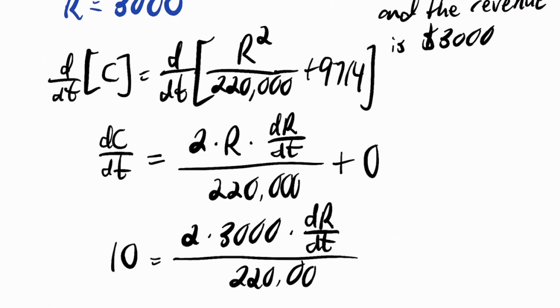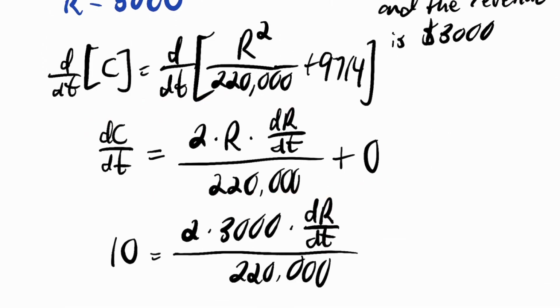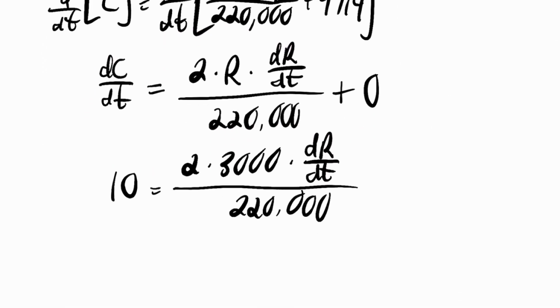I will point out that if I had wanted to, I could have taken this equation and gotten dr/dt by itself first, using algebra first. I think it's going to be a little bit more convenient if we plug the numbers in first, because we could do some cancellation. Since I have a fraction here, these zeros can cancel, pairwise, top with the bottom. This 2 can cancel with the 220 to make 110.